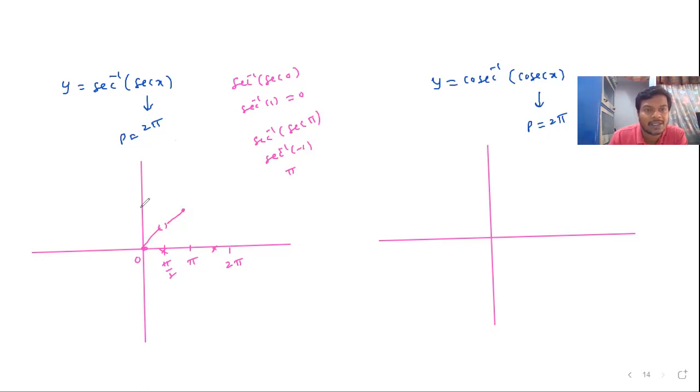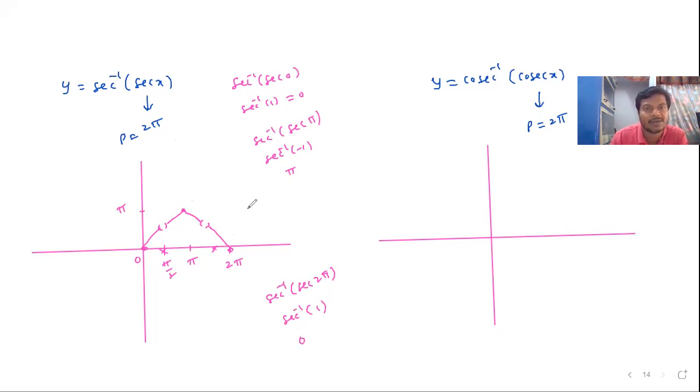And we know that it does not exceed pi. Why? Because its range is 0 to pi except pi by 2. So next, it falls down like this up to here. When you write 2 pi, secant inverse of secant 2 pi, that is secant inverse of plus 1, that means 0.